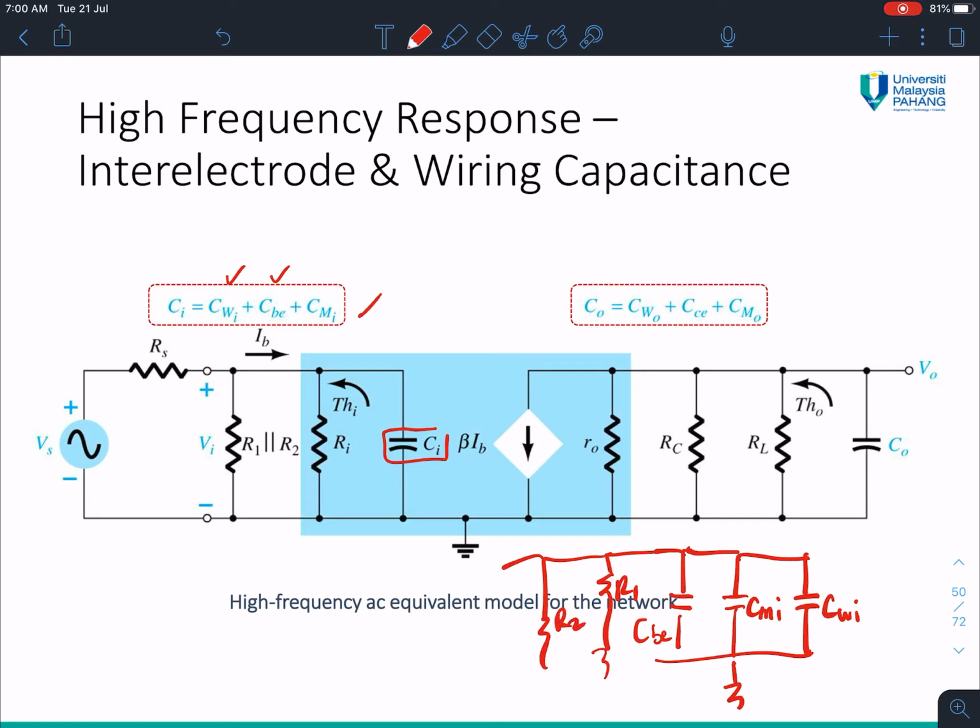So C in means the total of the capacitors at the input, and C out the total capacitance at the output. Same goes here: there is a CM out, and we have CCE, and we have CW out.